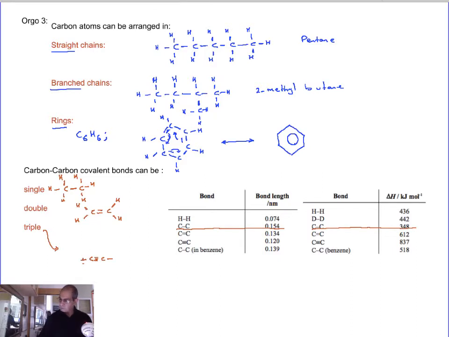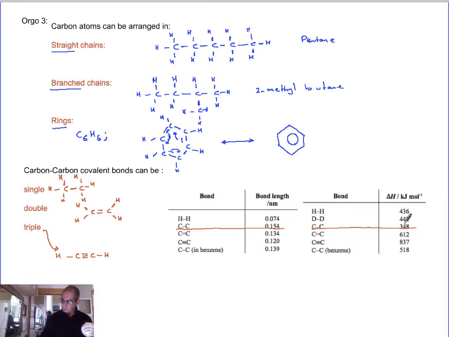I'm going to draw this one more time. So triple bond. Now triple bond, if you look at the bond length in nanometers, is 0.129, the smallest. If you look at double bond, it is 0.134. If you look at single, it is 0.154.